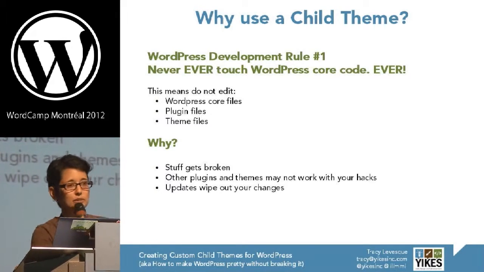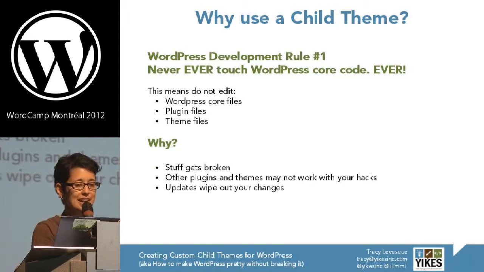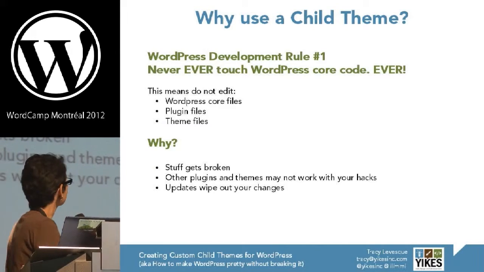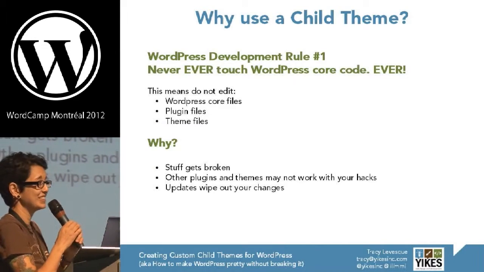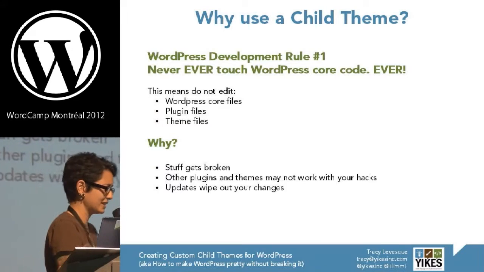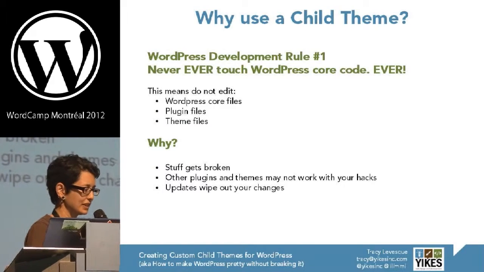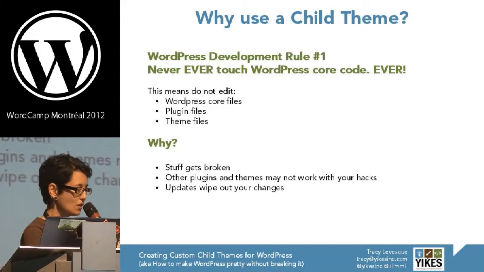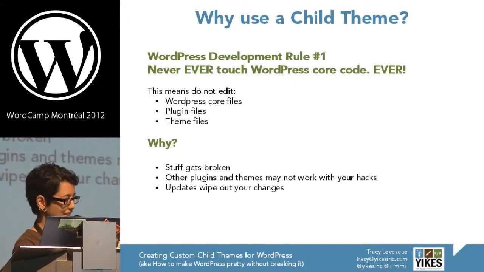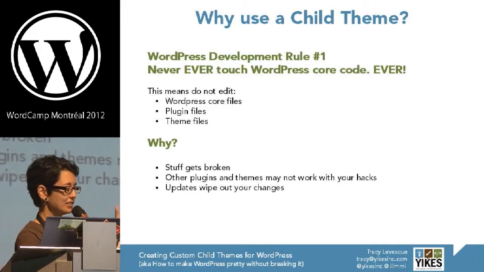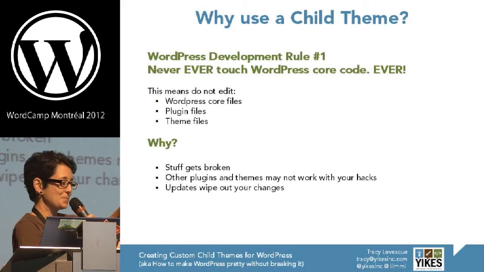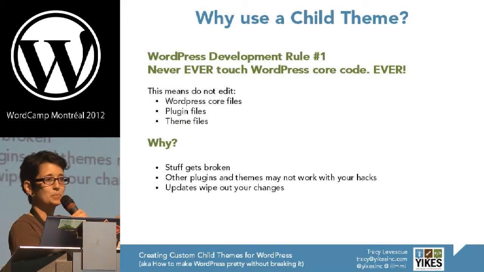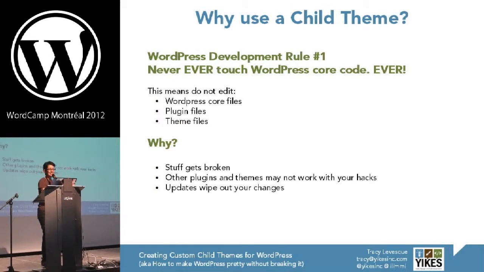Other plugins and themes that you try to use may not work with your hacks, and then the worst is, sometimes when a designer first gets started with WordPress, they're like, oh, okay, header.php, I see. Oh, I see where all the theme files are. All right. I know where the CSS is. I'll just change it. Go to update WordPress themes, and blown out. They're gone. And then it's time to panic.